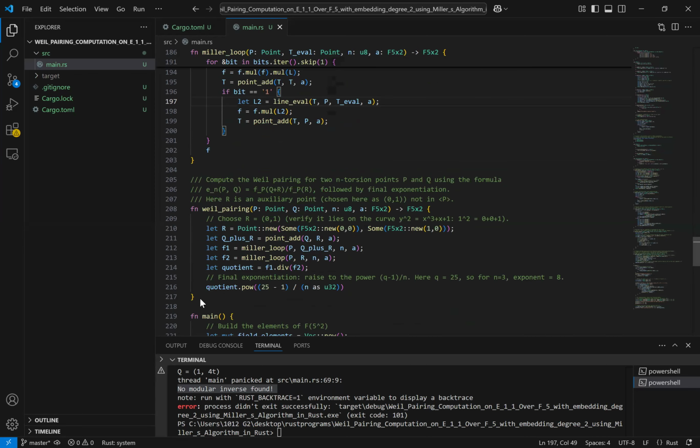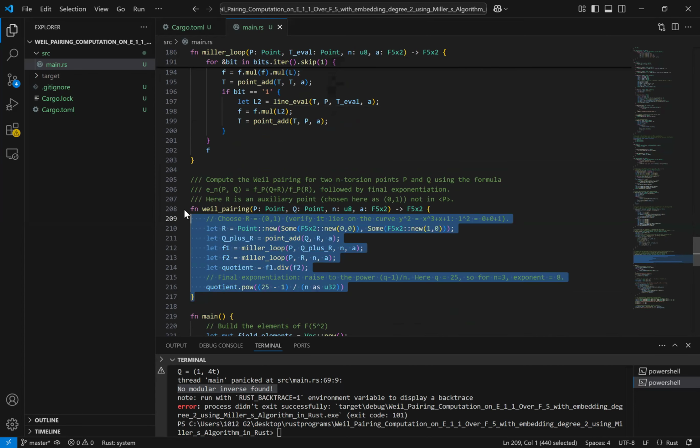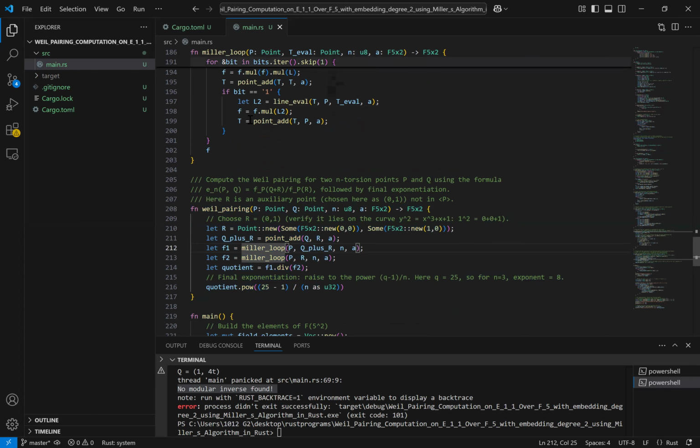Then I also added this other part, asking it to give me the Weil pairing. And I'm telling it, you cannot give me Weil pairing without using the Miller loop. So it's asking for the Miller loop. The Miller loop will be doing what we just said. Then it will be doing the denominator, the numerator, and then combining.